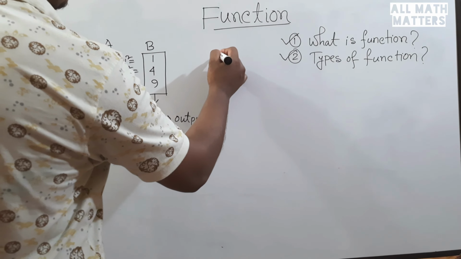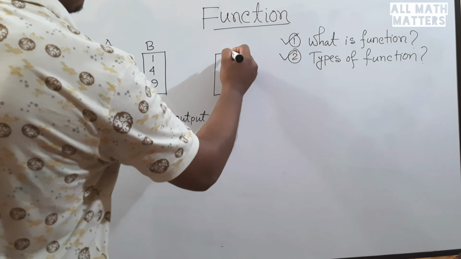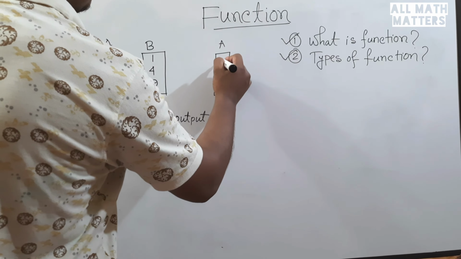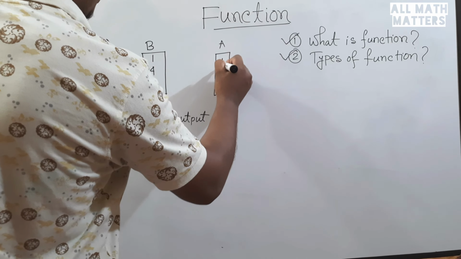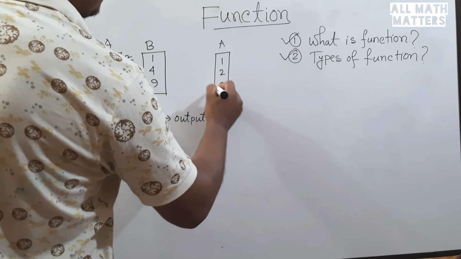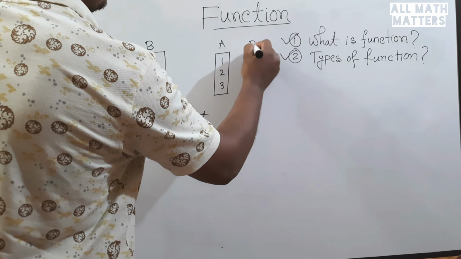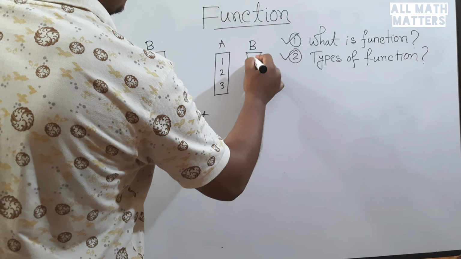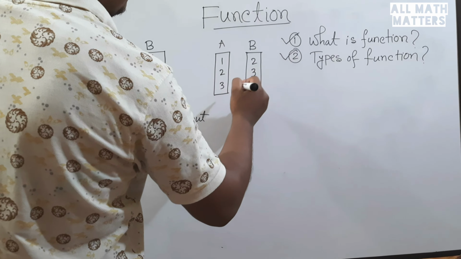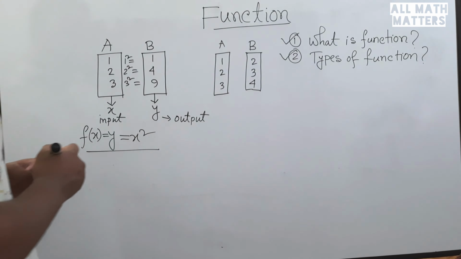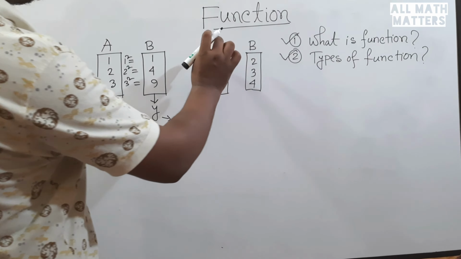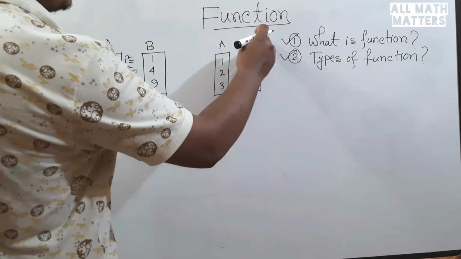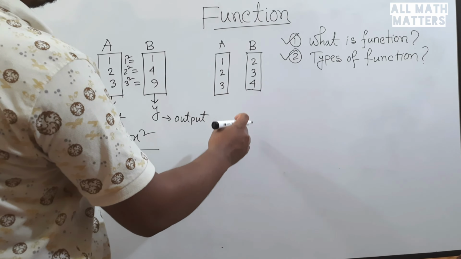Okay, another example for understanding the function. If we consider another set A, the elements of this set are 1, 2 and 3, and another set B, the elements of the set are 2, 3 and 4. If you look here, there is also some relation between set A and B. What is the relation? The elements of set B increase by 1 unit.